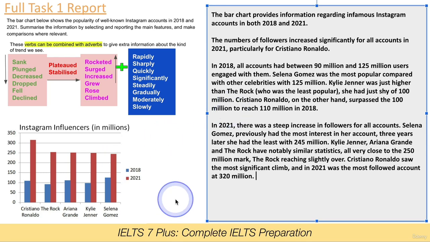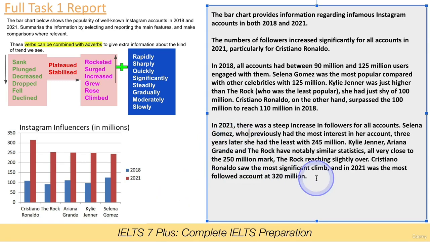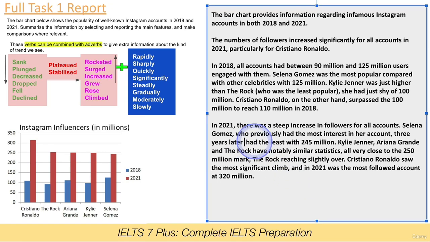Okay, let's read this back and see how it sounds. In 2021, there was a steep increase in followers for all accounts. Selena Gomez, who previously had the most interest in her account, 3 years later had the least with 245 million, and we're checking the numbers here.